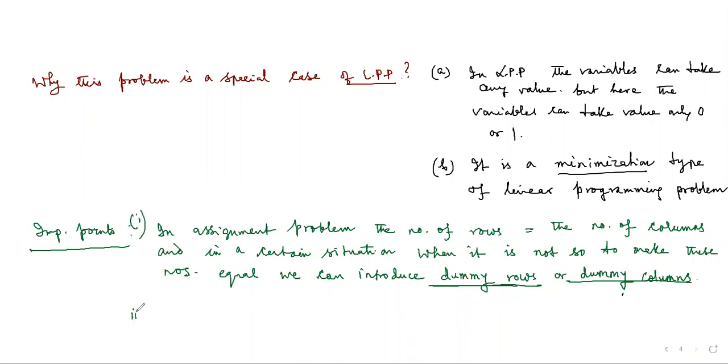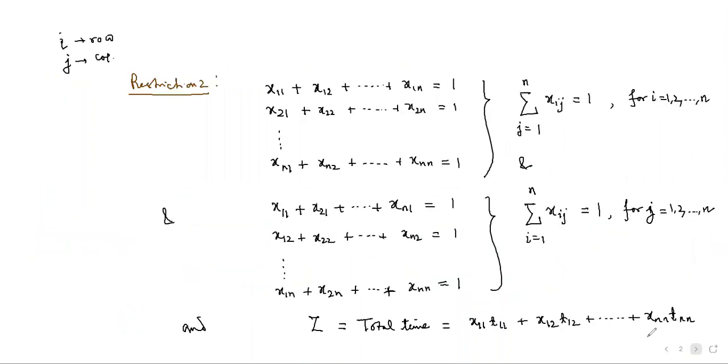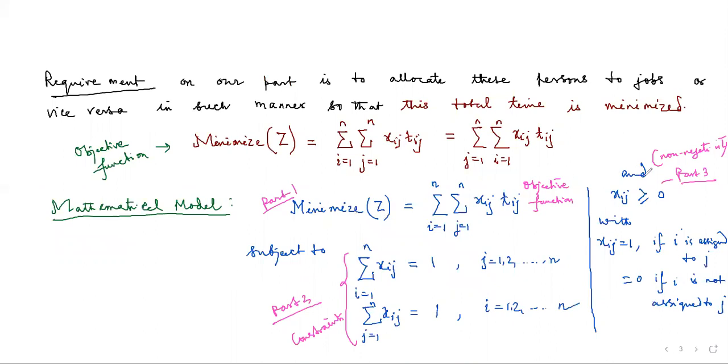And point number two to be noted down, which is also very important. Since assignment problem is a special type of linear programming problem, you can ask whether it can be solved by graphical method.